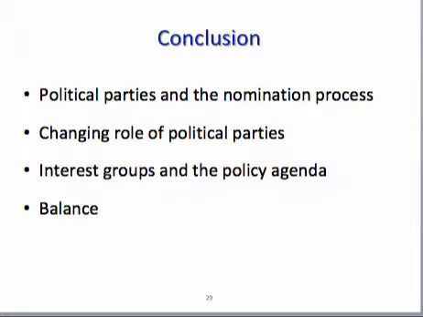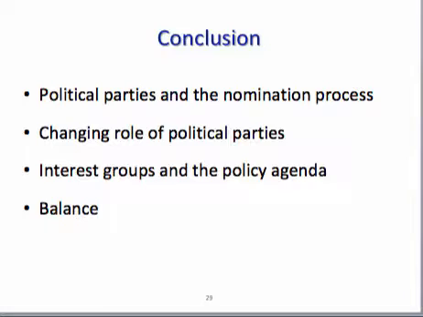So, what can we say in conclusion? There's a lot in this chapter. Make sure you're familiar with all the terms listed at the end of the chapter. Recognize that when we're talking about political parties, not only has the role of political parties changed, but the identities and the policy positions of the different parties have changed.